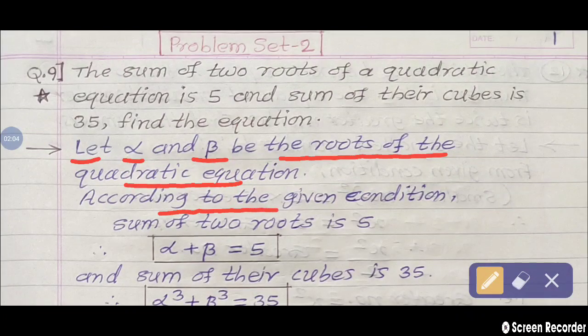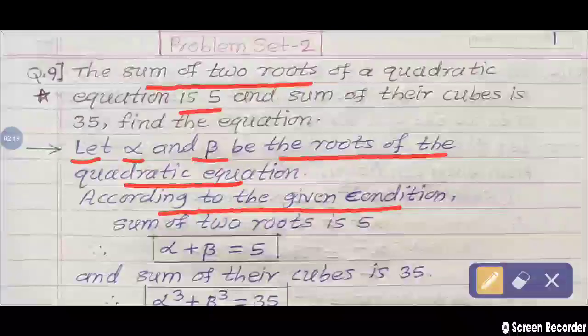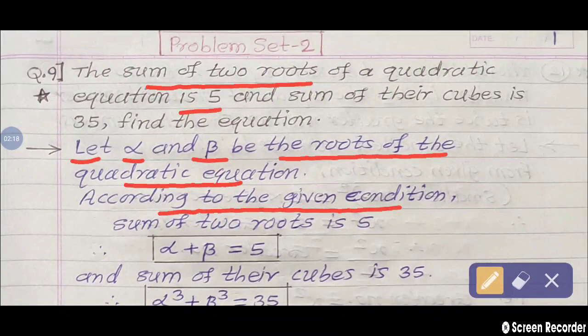According to the given conditions, the sum of the two roots is 5. We are considering the two roots of the quadratic equation as alpha and beta, and that condition we are writing here.